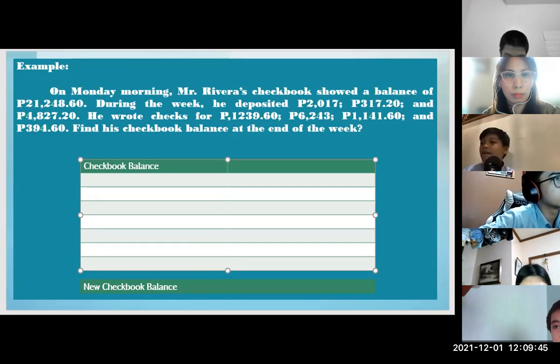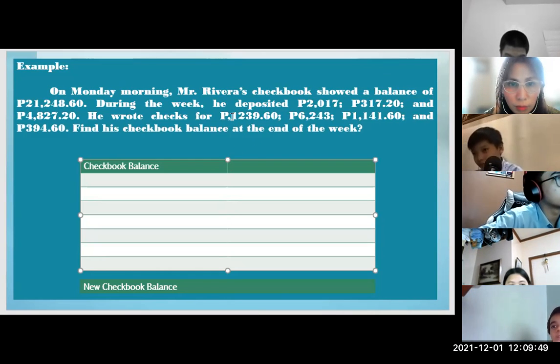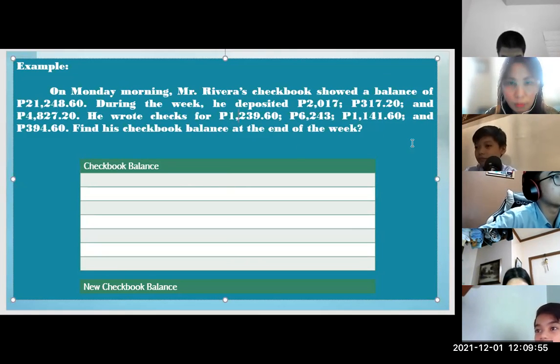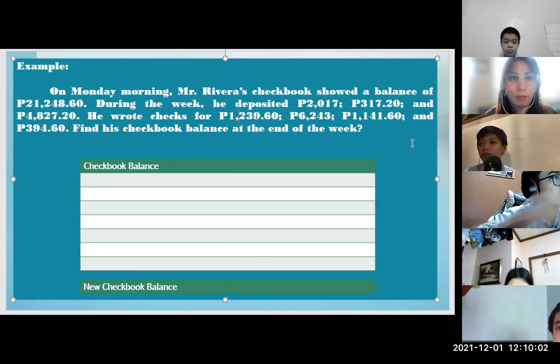They wrote checks for 1,239 and 60 cents and 6,243 pesos and 1,141 cents and 394 cents. Find his checkbook balance at the end of the week.